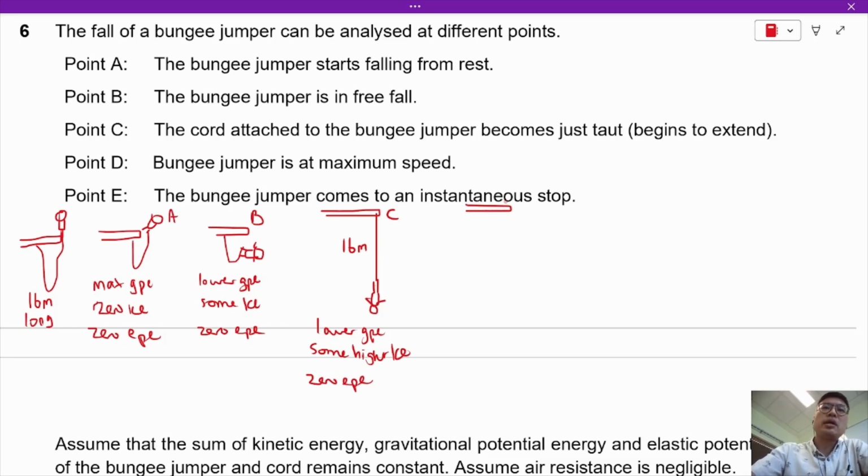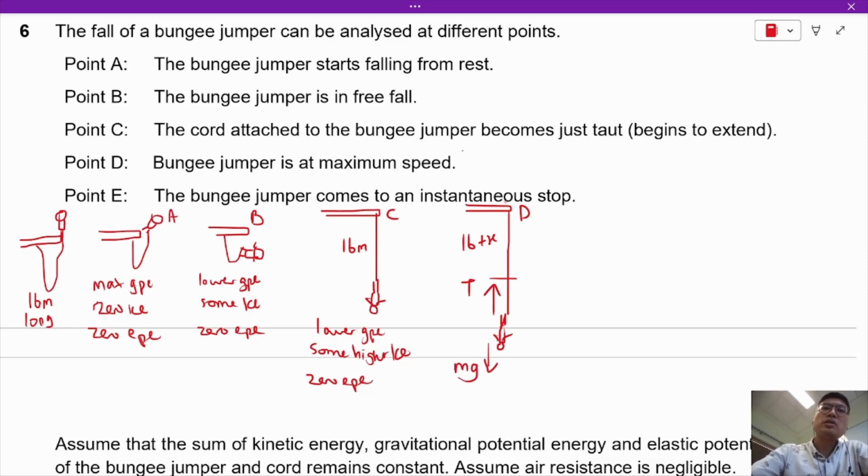Then after that, the bungee jumper will extend. So this is going to be 16 plus x meters. At point D, the bungee jumper is at maximum speed. So how do we get maximum speed? The bungee jumper is at maximum speed when the tension of the cord equals the weight.